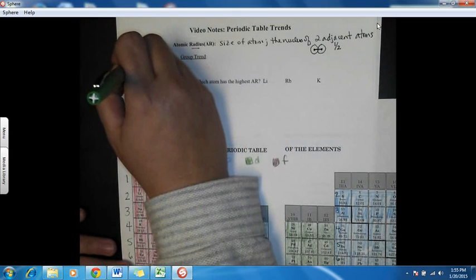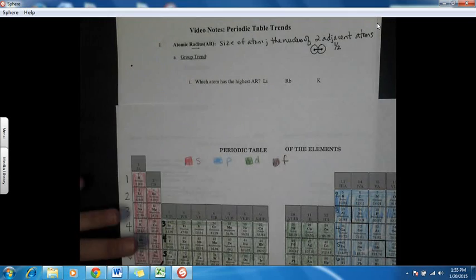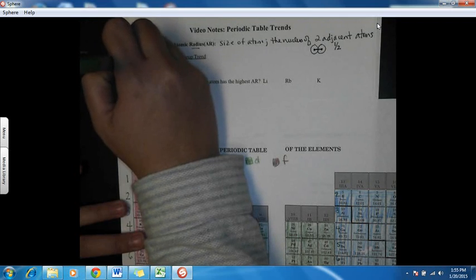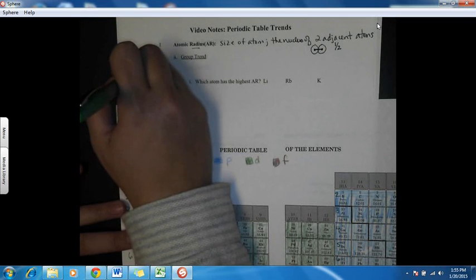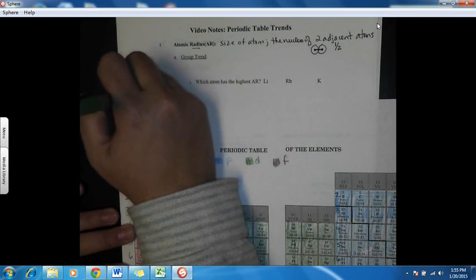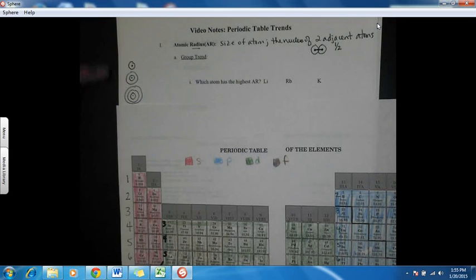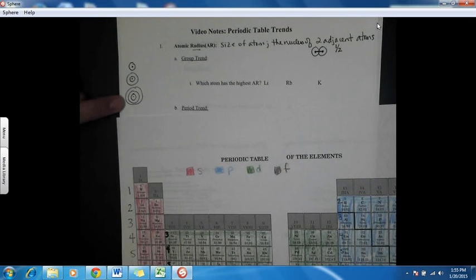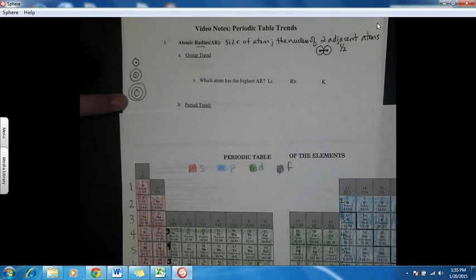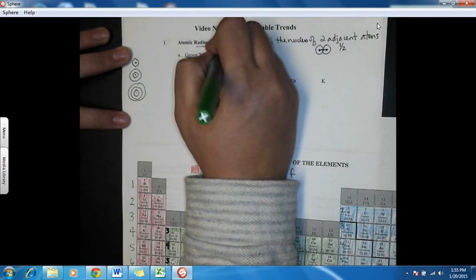So if we had hydrogen, let's call this little dot our nucleus, it would have 1 energy level. And then we have lithium, it would have 2 energy levels. And then sodium would have 3 energy levels. And so as you add those energy levels, the atom is going to get increasingly larger. So the group trend is that it increases.